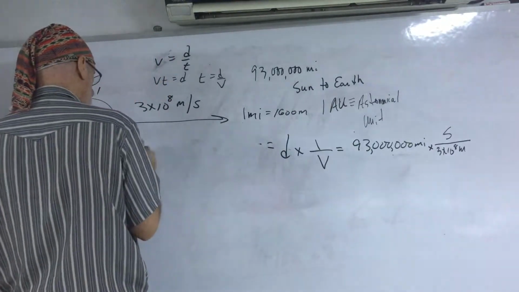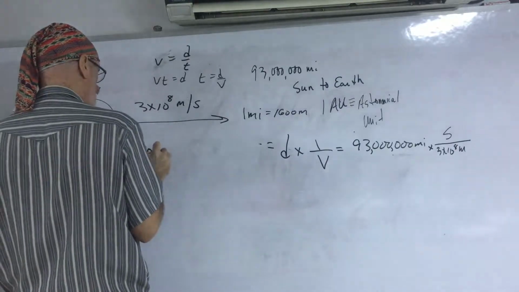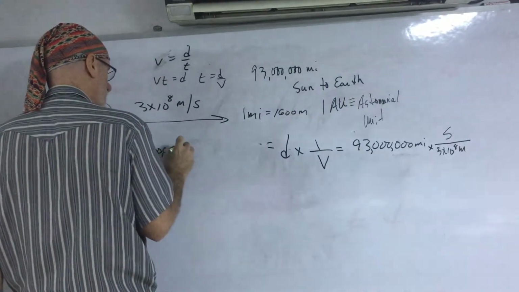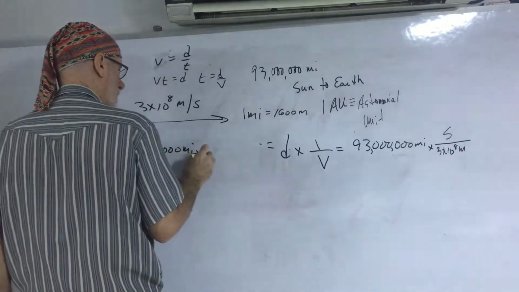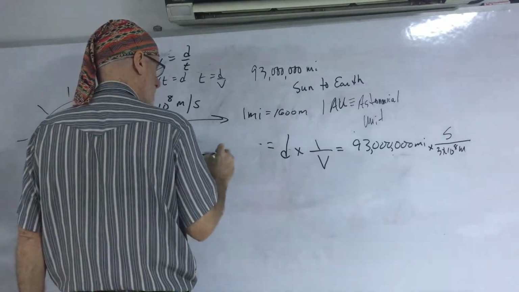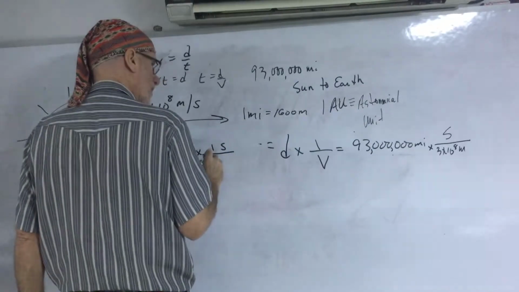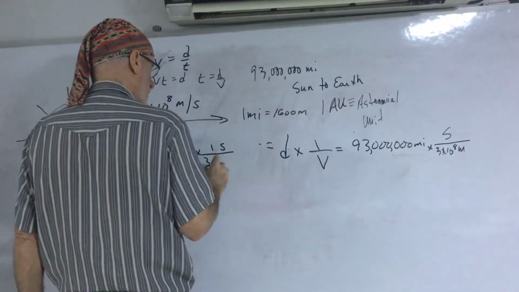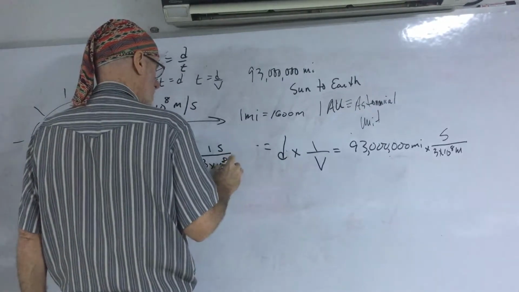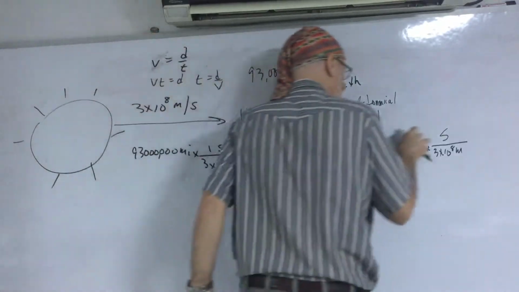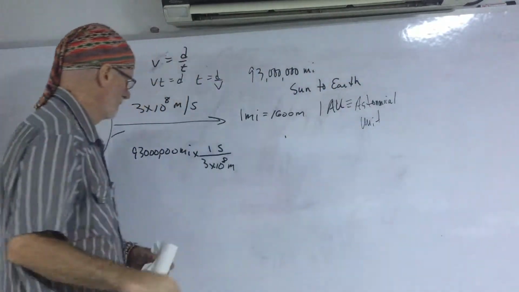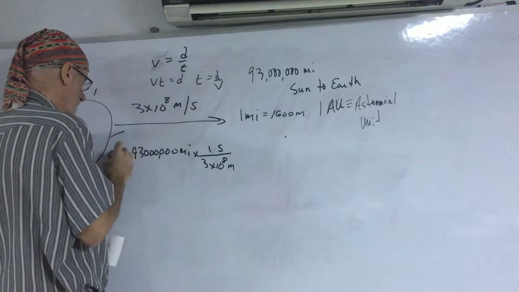So it's going to be 93 million miles times 1 second over 3 times 10 to the 8 meters. Yes? That is going to equal the time, right?